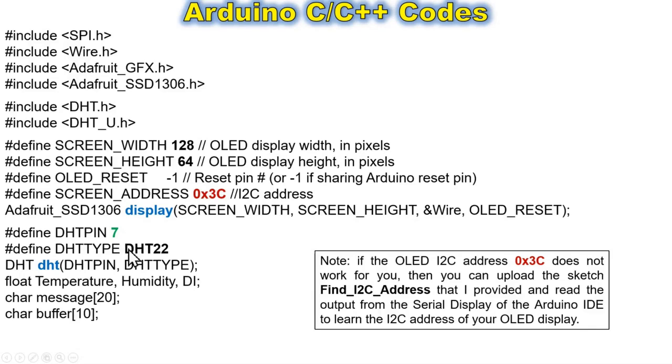Next, we instantiate the class DHT and declare an object named dht and pass some arguments such as the DHT pin and then the DHT type. Finally, we declare some global variables to store information such as the following: float temperature, humidity, DI, an array of characters named message, and an array of characters named buffer.